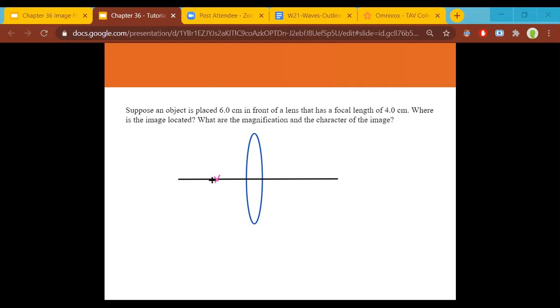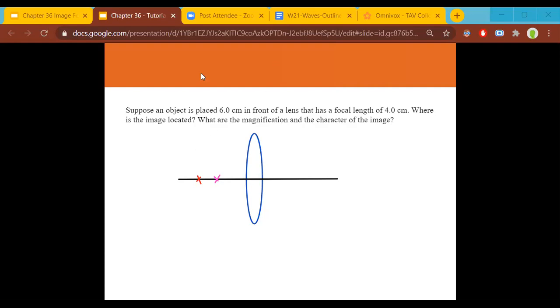If the object was between the pink mark and the lens, it would create a virtual upright image. But in this case, the object is 6 centimeters, so it's somewhere over here. When the object is behind the focal point, it's going to create an image across the lens, a real upside down image.